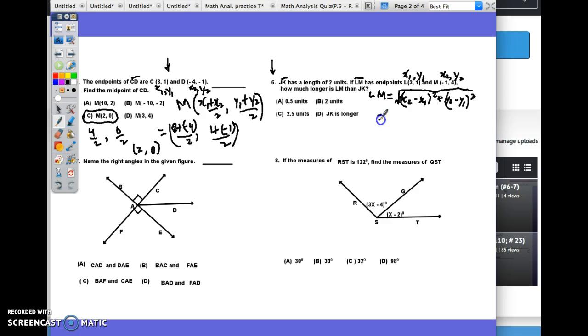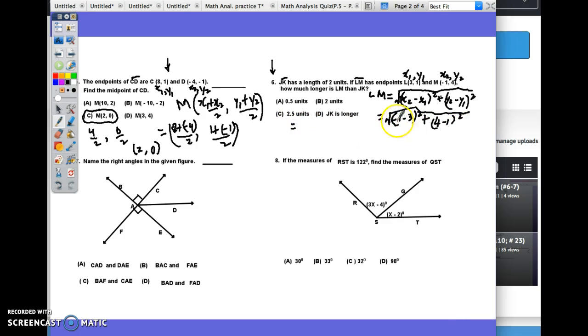And we use the formula now. In terms of numbers, x2 minus x1 would be -1 minus 3, that is squared, plus y2 minus y1 would be 4 minus 1, that's all squared.